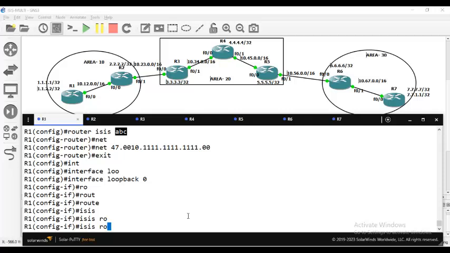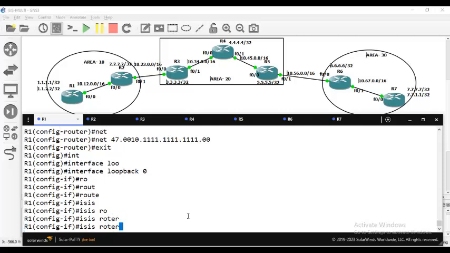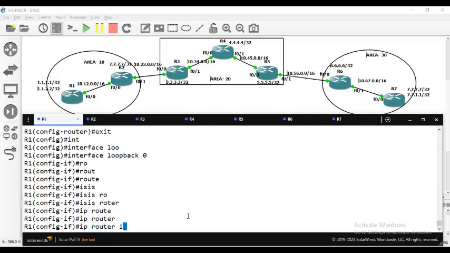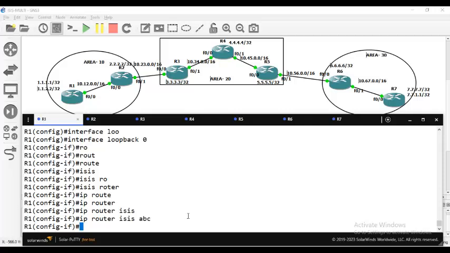Likewise, loopback 1. Likewise, that's it. ISIS is running now. How do we verify? Many ways.